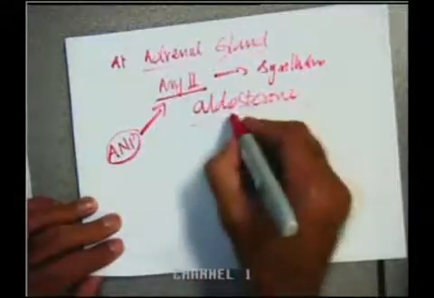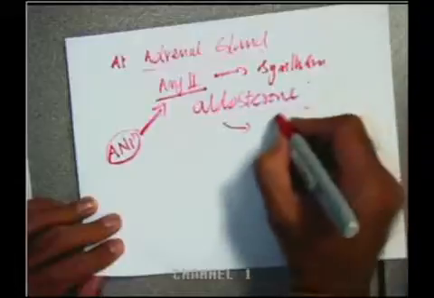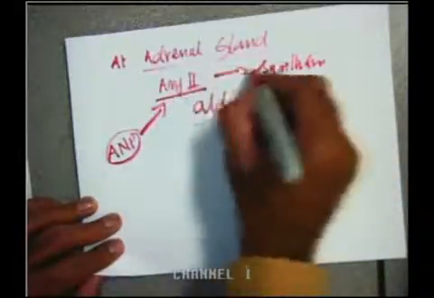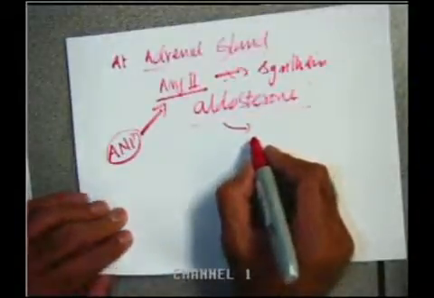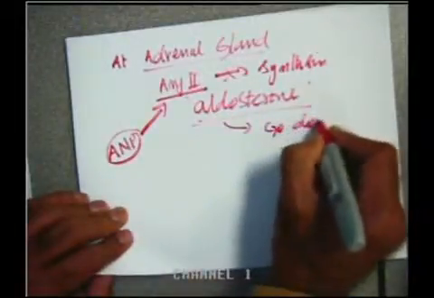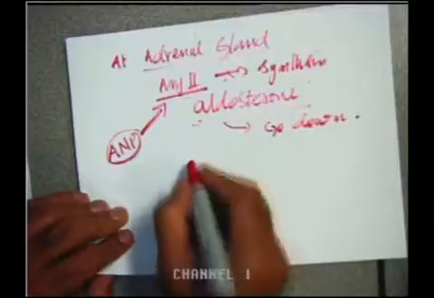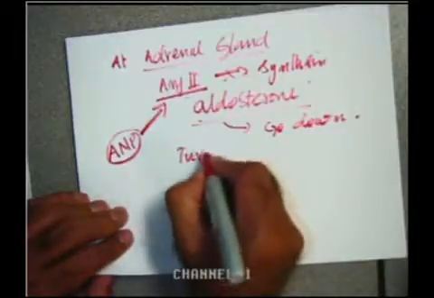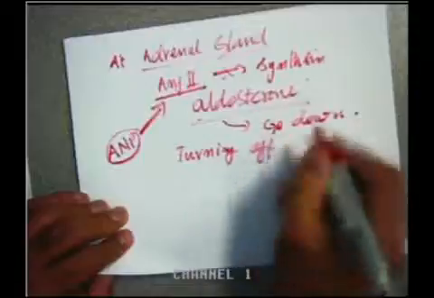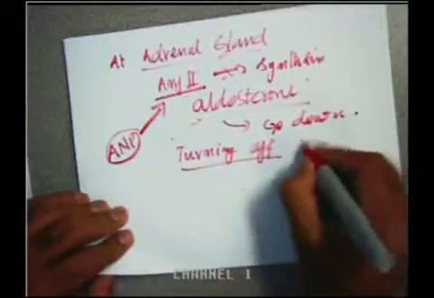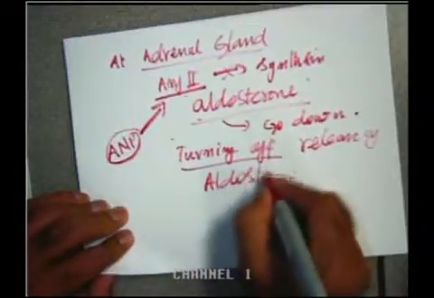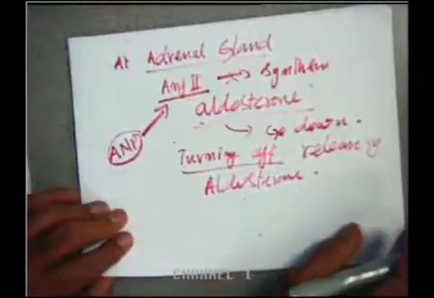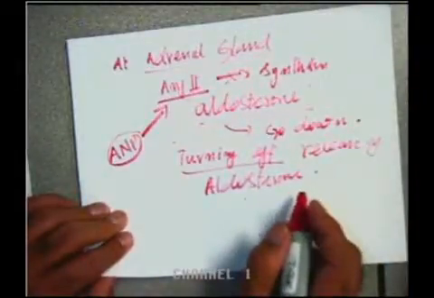So the synthesis of aldosterone will be blocked. It inhibits the process in the adrenal glands, and the aldosterone level will go down. It turns off the release of aldosterone, so no aldosterone will be produced.